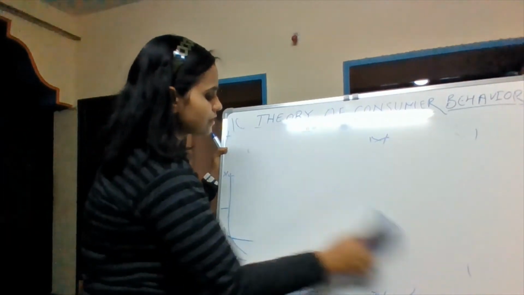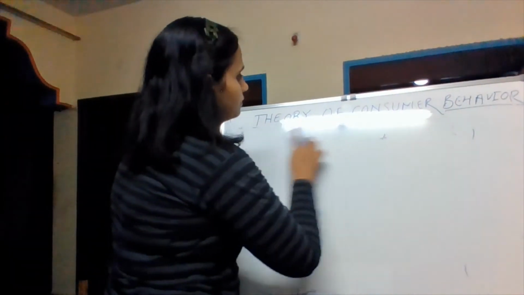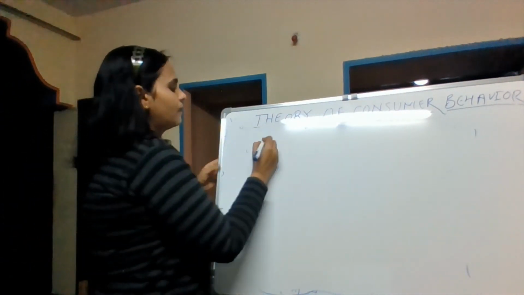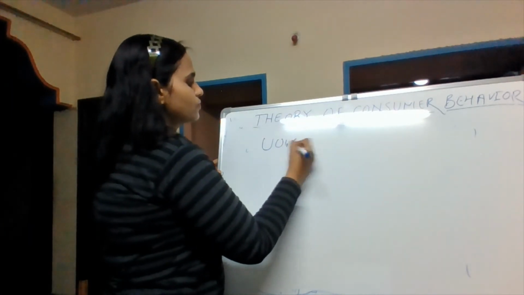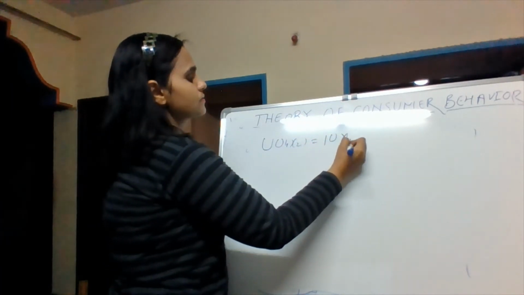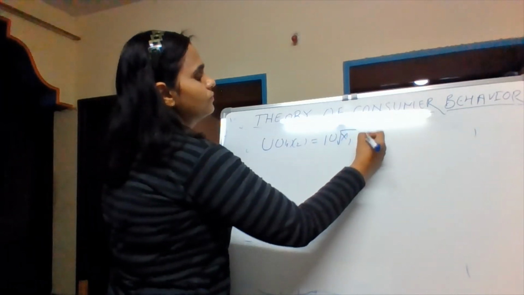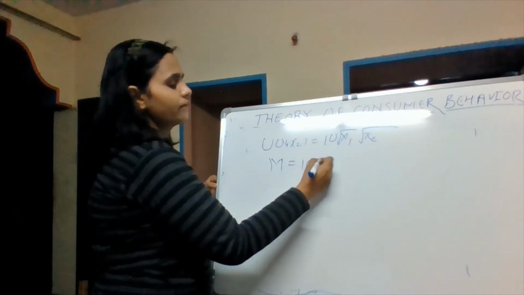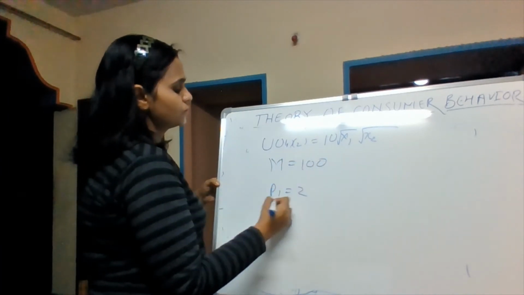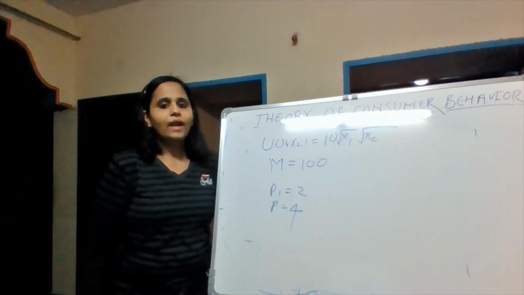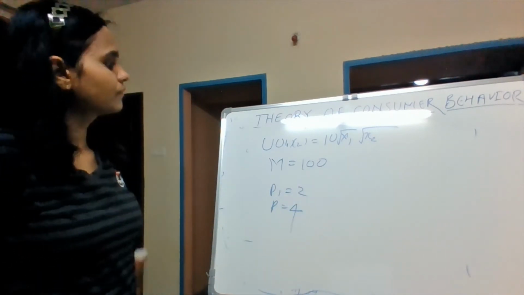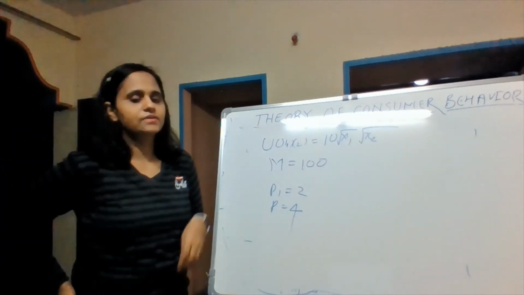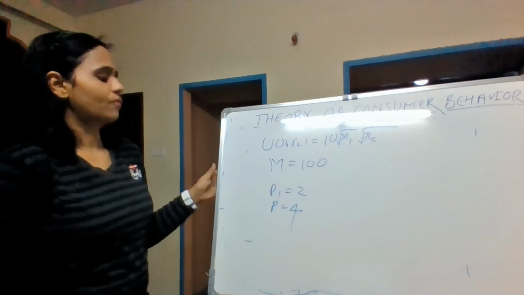We'll just see a small example here. Consider u(x1, x2) equal to 10 x1^0.5 x2^0.5. This is your utility function. M is equal to 100, P1 is equal to 2, P2 is equal to 4. Now calculate the consumer equilibrium. We need to derive what x1 and x2 are.